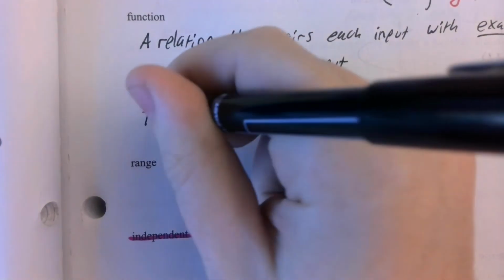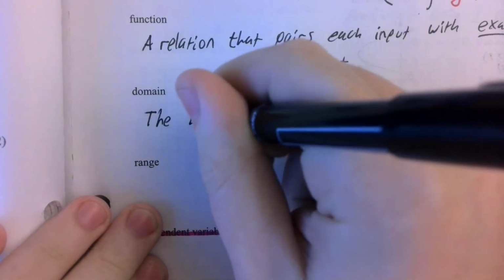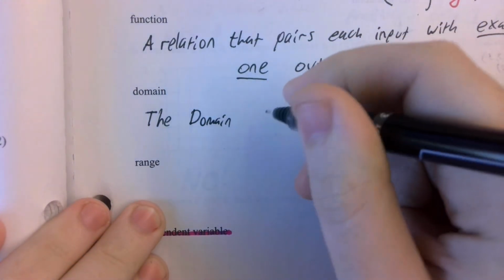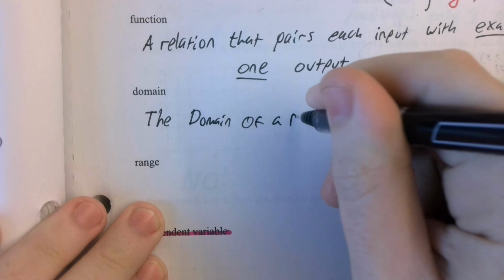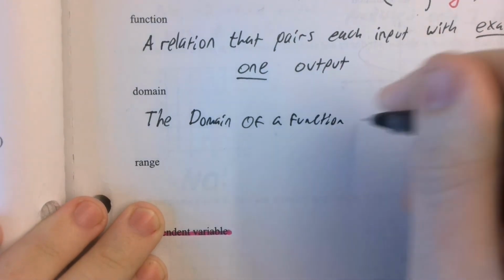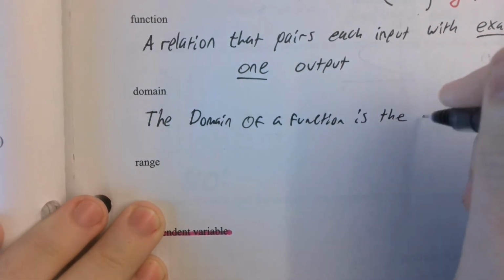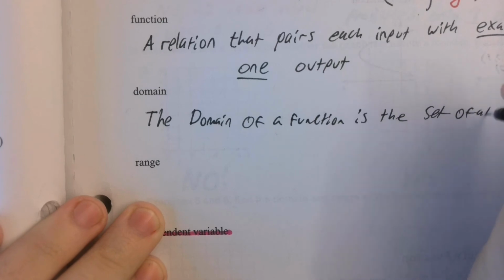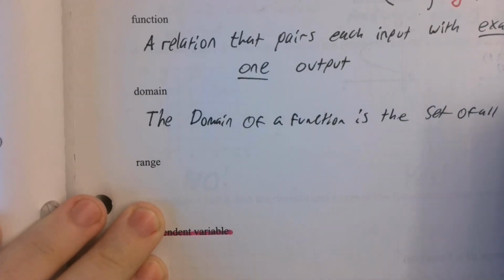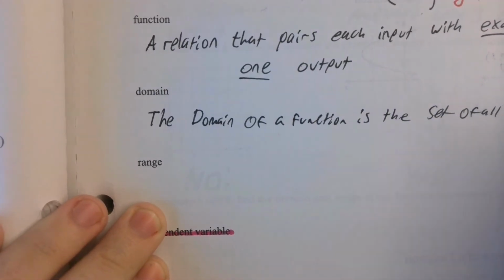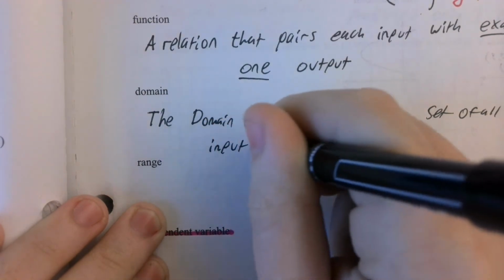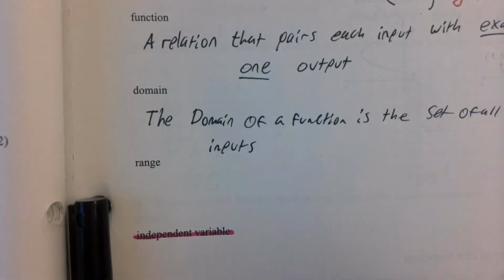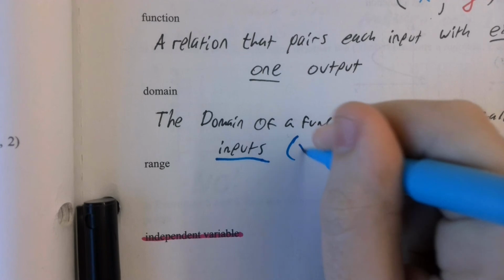The domain of a function is the set of all possible inputs, which, as a reminder, our inputs are x.